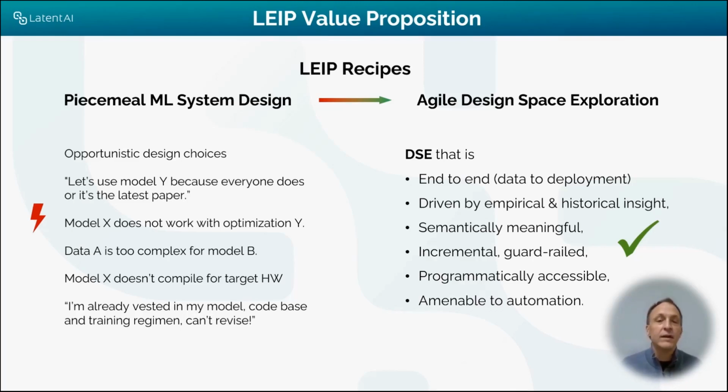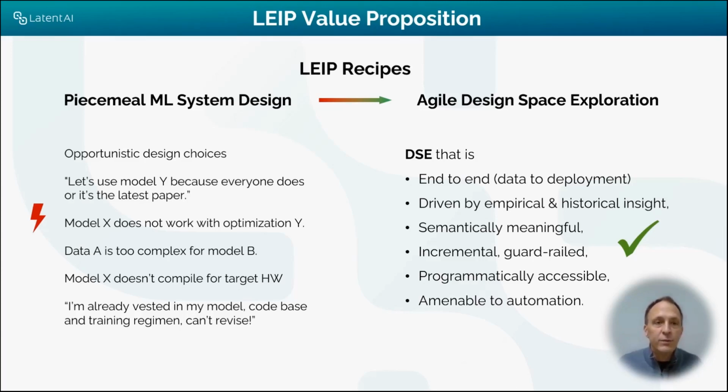Instead of saying, "I'm already vested in my model code base and training regimen, there is no way that I can go back and revise any of this," you can say, "I'm comfortable to make quick design decisions now, even with limited insight in what's to come, because I know I can revert them later if requirements change or new technology becomes available somewhere along the pipeline."